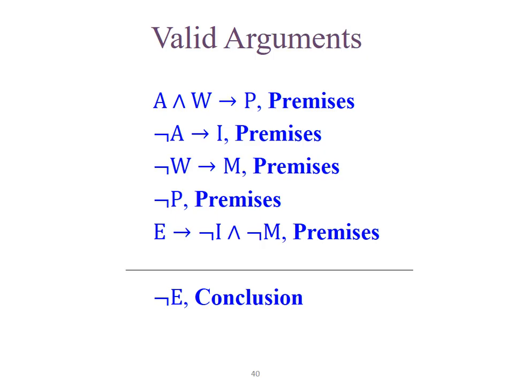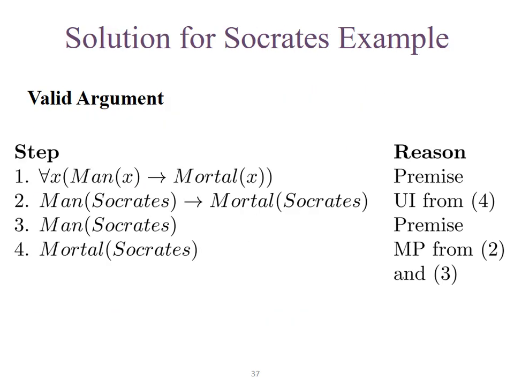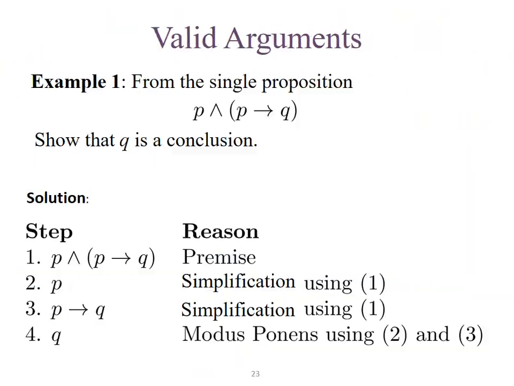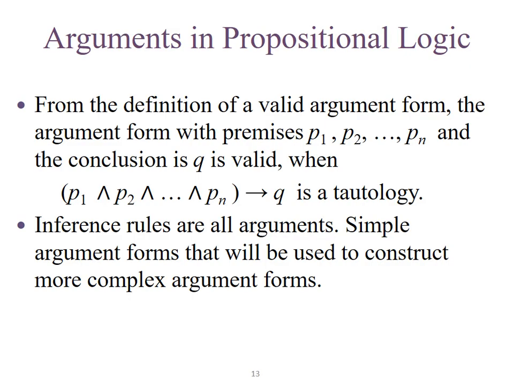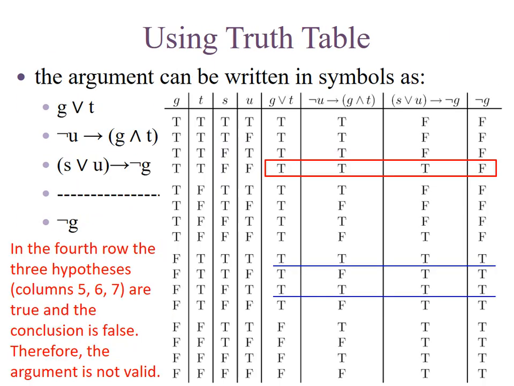So let's see how to prove this valid argument by truth table. Let's go back to the example of the truth table. You need to verify by the truth table that if all premises are true, then you will get all results true, and you can say it's a valid argument.